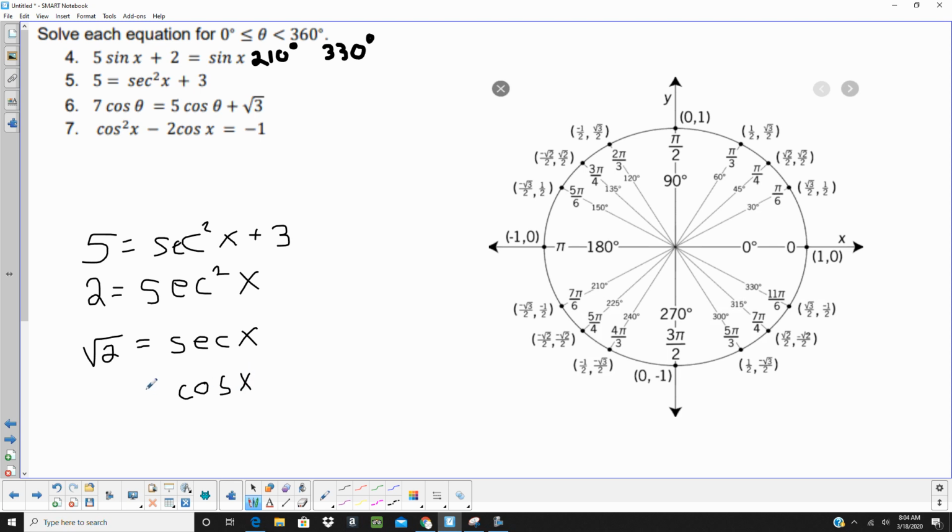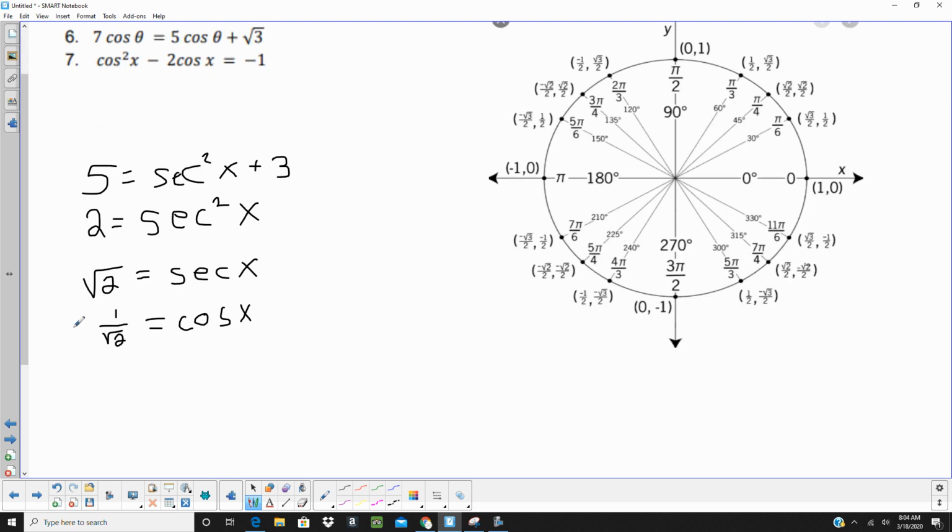And the reciprocal of radical 2 is 1 over radical 2. Then, of course, I would have to rationalize that fraction, multiplying by radical 2 over radical 2, and I get radical 2 over 2 equals cosine x.